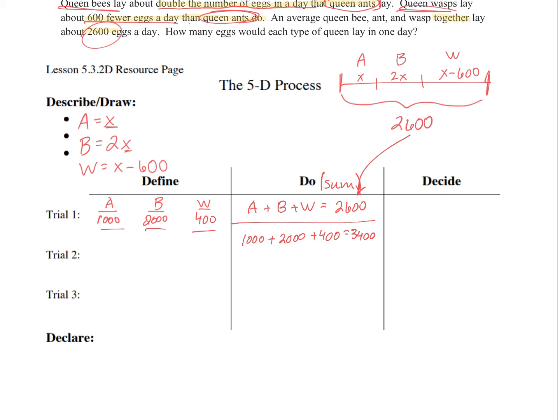Then we need to decide, is this equal to 2,600? Oh no, it's too big. So our next guess, if 1,000 was too big, should be less than 1,000, and we'll slowly narrow down our answers until we finally get the right one.